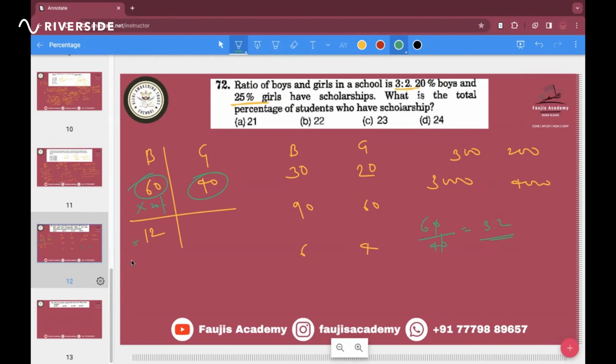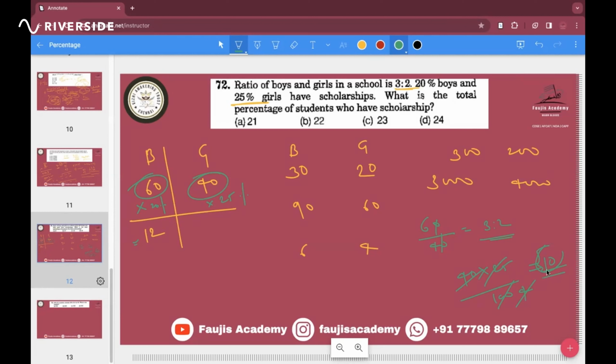And what is 25% of 40? Calculate and tell. Muilan, are you following my calculation?